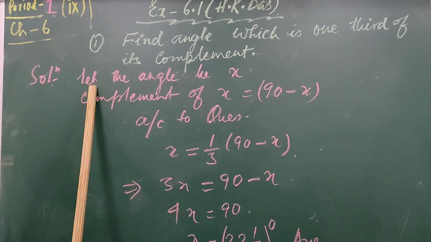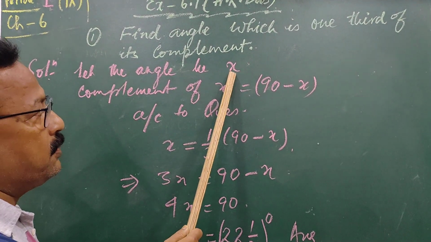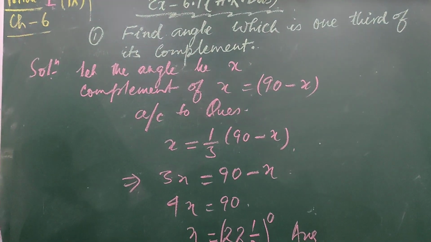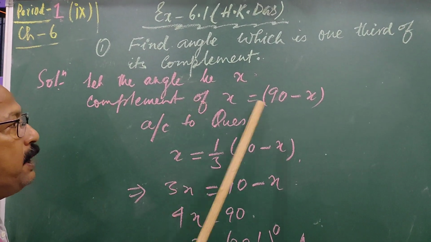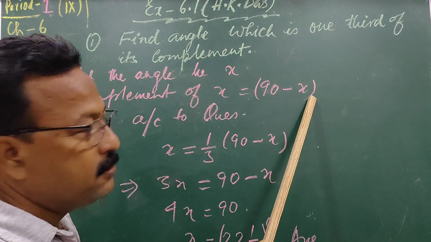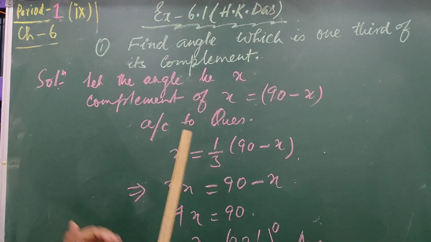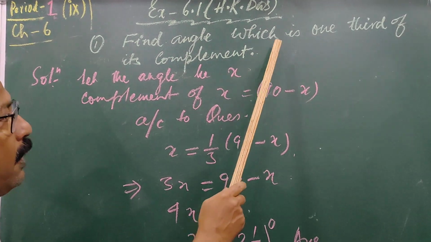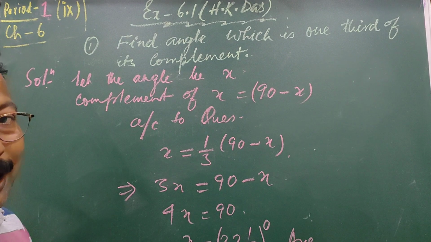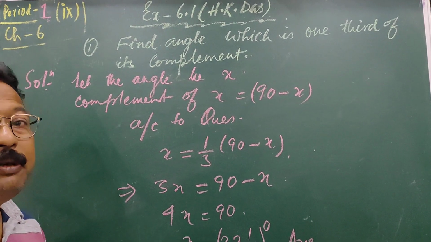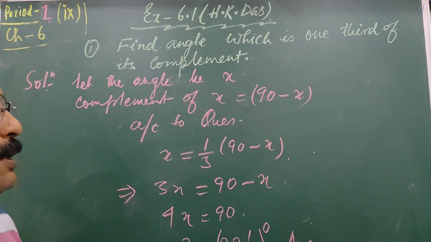Here we have considered, let the angle be x. The angle to be calculated is x and its complement must be 90 minus x. According to the question, the angle is 1/3 of its complement.